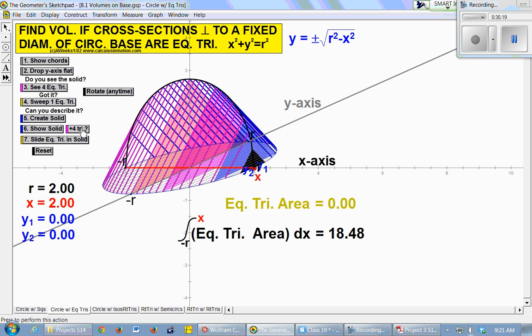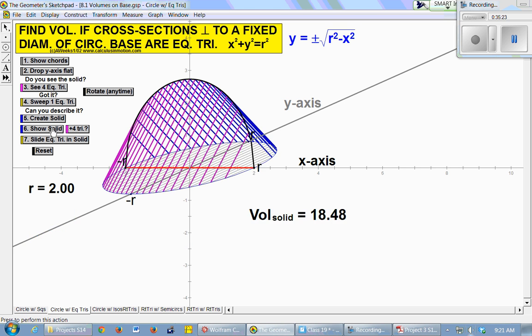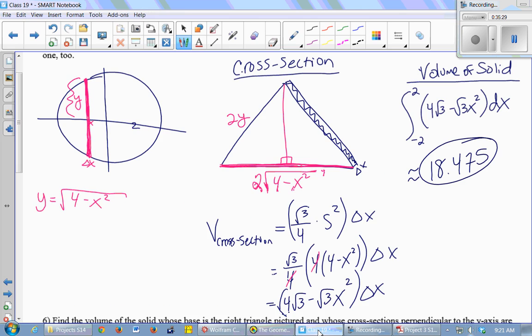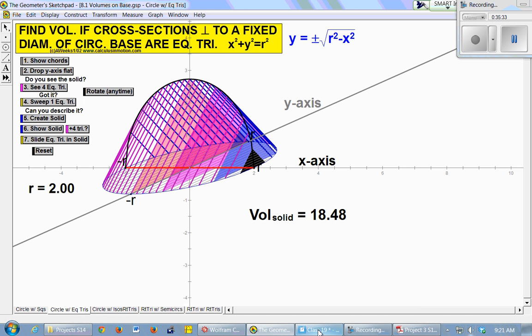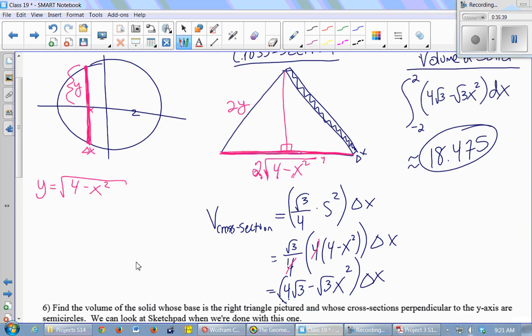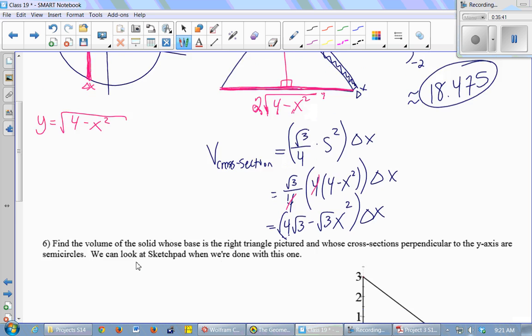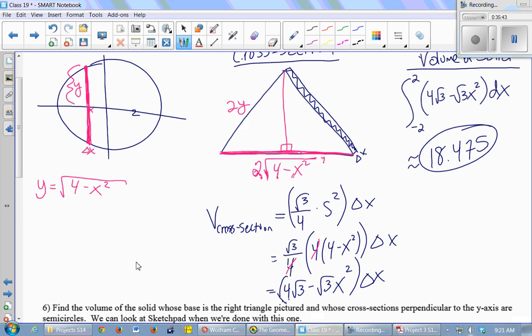Solid. There's my 4 triangles within it. And they said the volume is 18.48, which is what we got, 18.475. Everybody got this one?